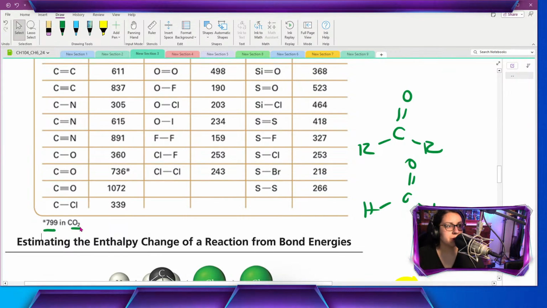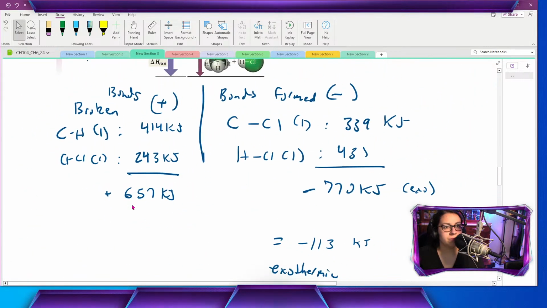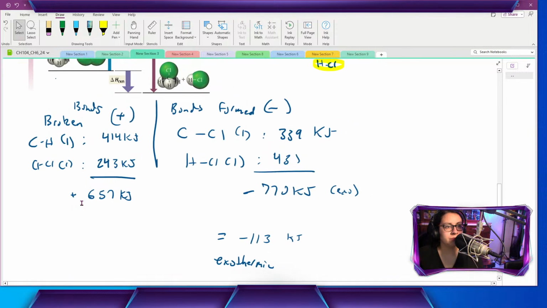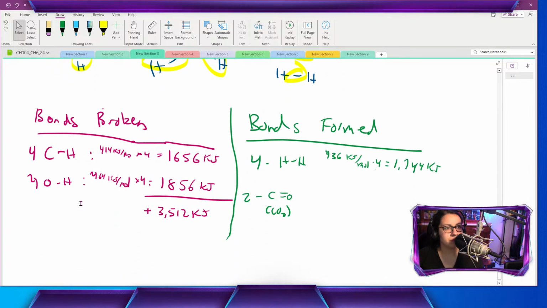And then this is per CO bond. Now let's write that. 799 kilojoules per mole times 2.